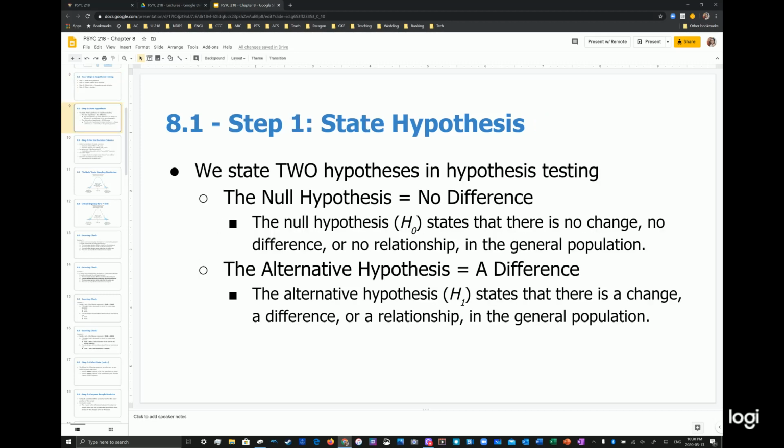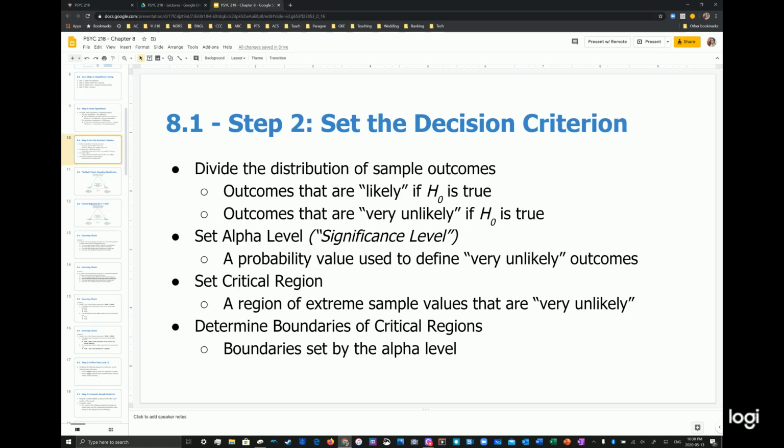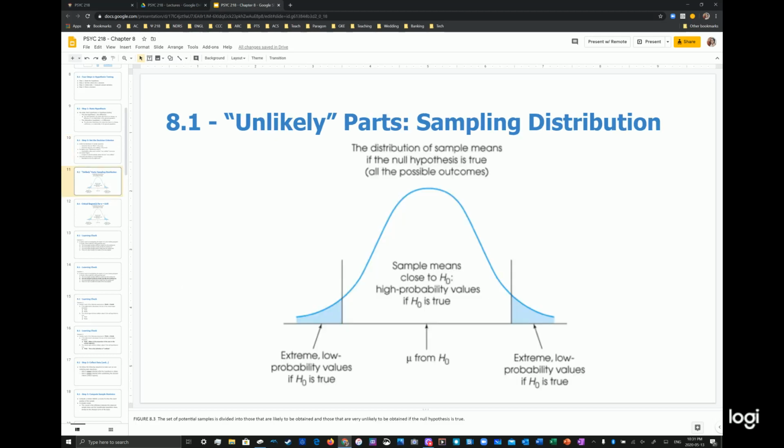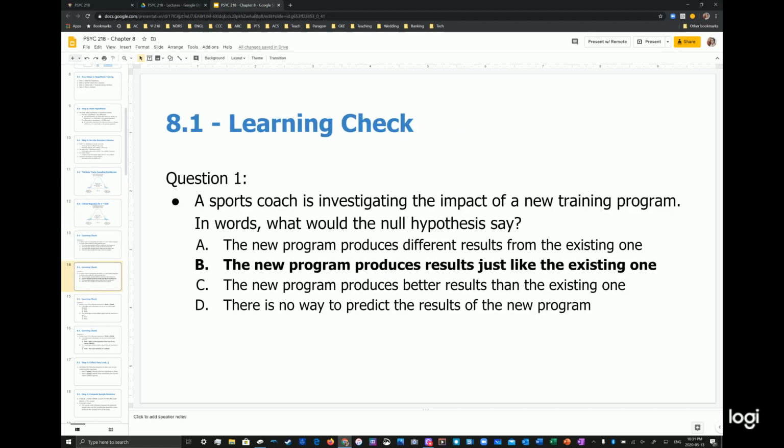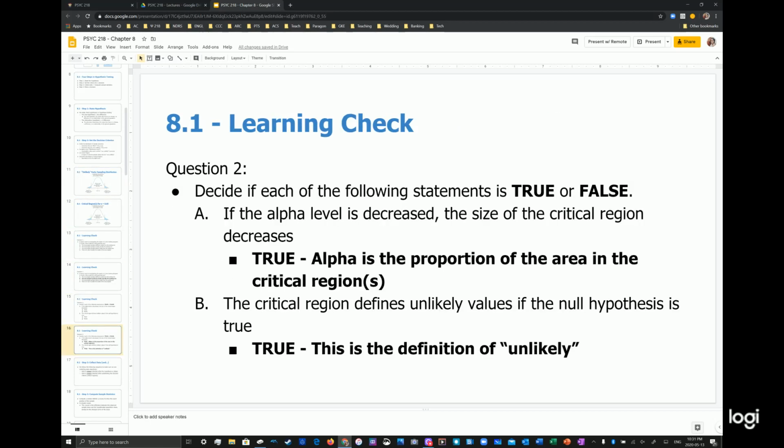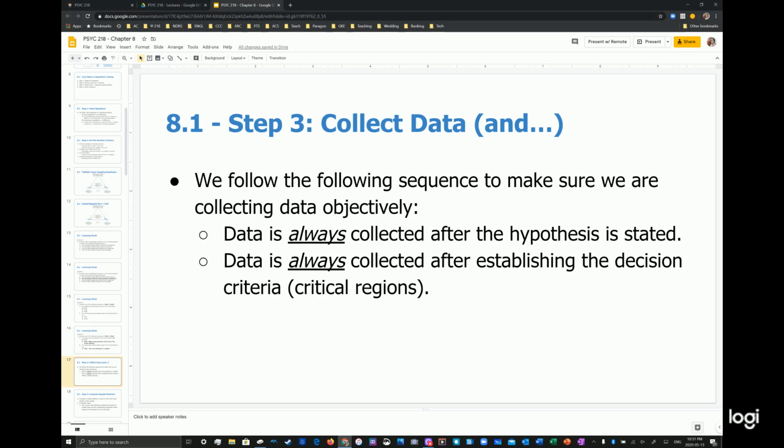So in step 1, you would write your two hypotheses, the null and the alternative hypotheses. In step 2, you would set your critical regions based on the hypothesis using the sampling distribution. Step 3, you would have some data. Here you could use some values. Let's say you can find a z-score that is below the critical value in terms of absolute distance, or you can find some value that is above that value in terms of absolute distance.